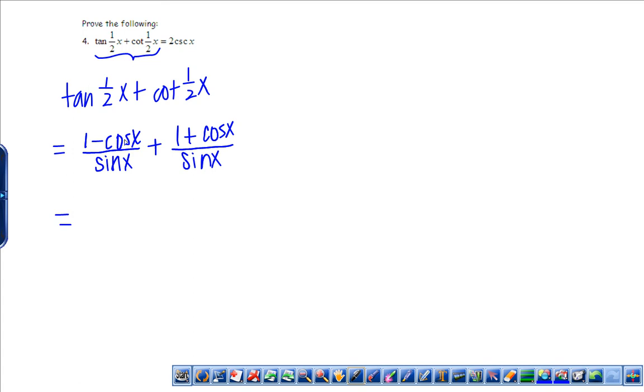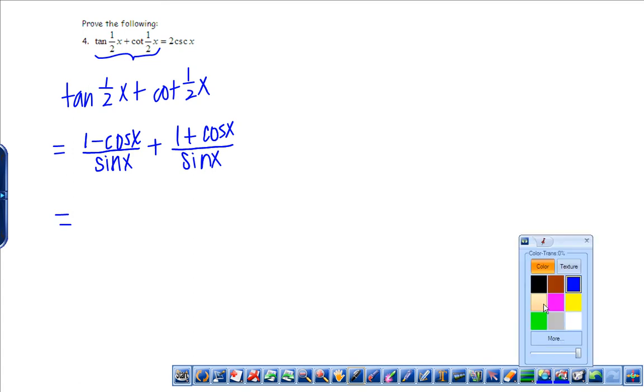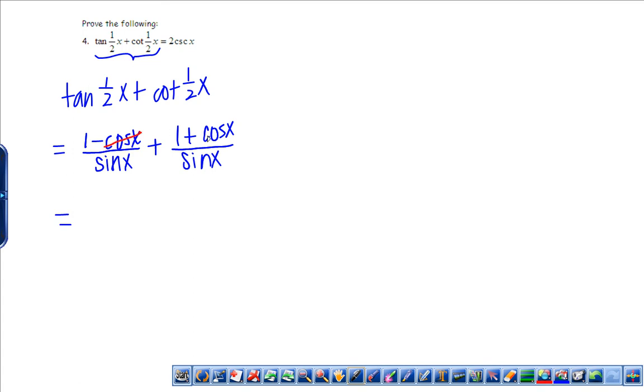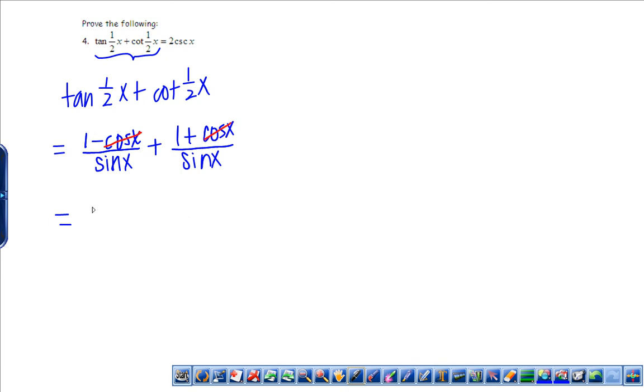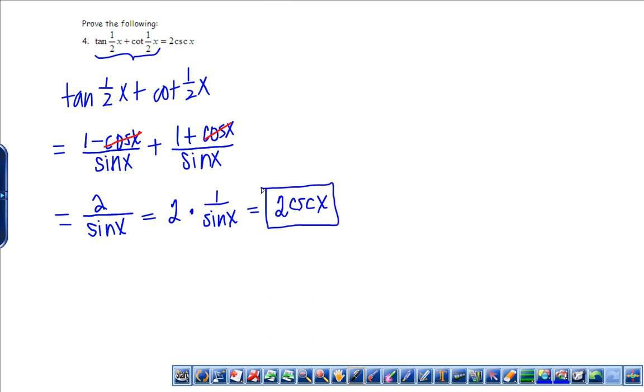It looks like I'm going to have some things that cancel out. So this gives me 2 over sine x. And if you wanted to take that apart, 2 times 1 over sine x, that would give you 2 cosecant x. That turned out pretty easy.